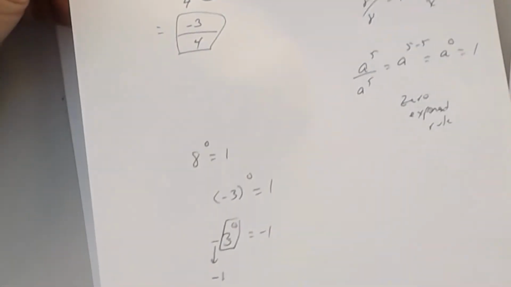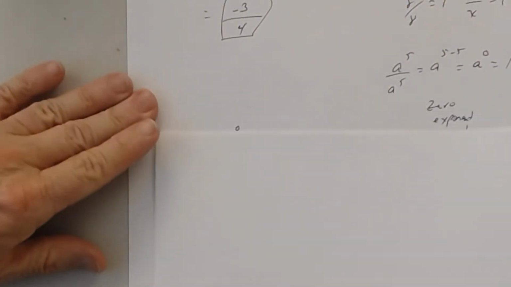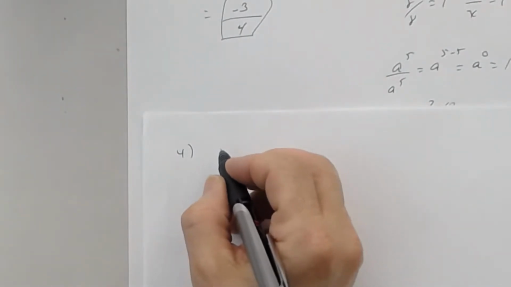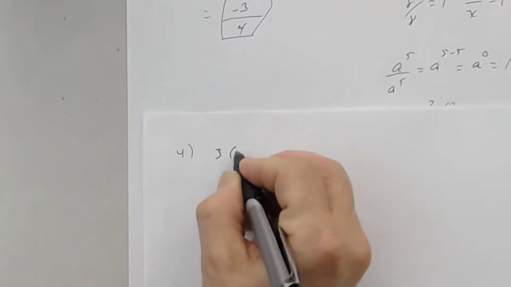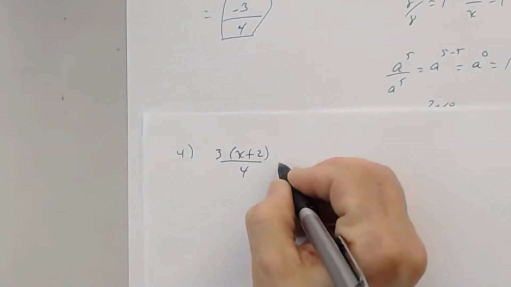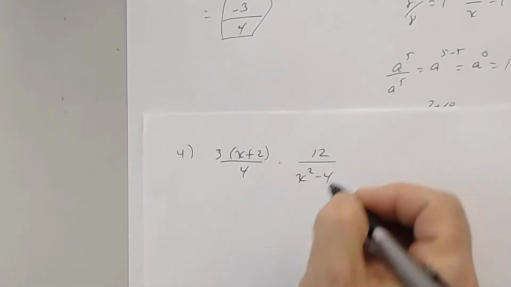All right, now let's look at number 4. You have 3 times x plus 2 divided by 4 times 12 divided by x squared minus 4.